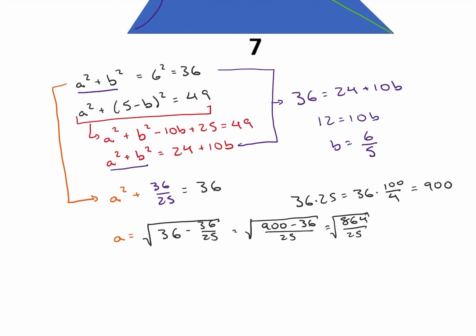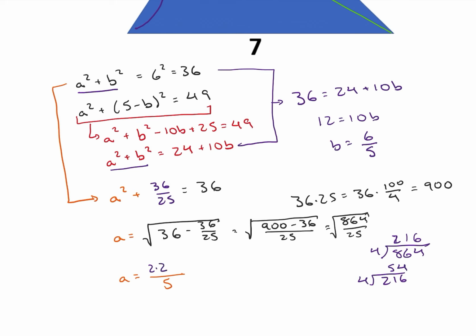Okay, so I can see that I'm going to have 5 in the denominator, but what is the square root of 864? So A is going to be equal to something over 5. So 864, if we divide out 4, we get 216. So I know that I'm going to have a 2 in my numerator. If I look at 216, I can then divide out another 4, and I'm going to get 54.